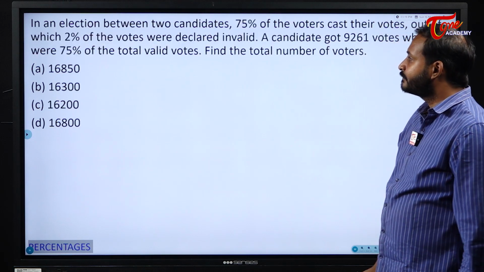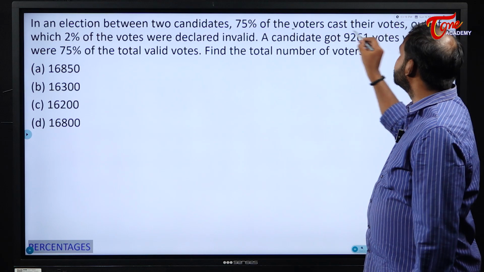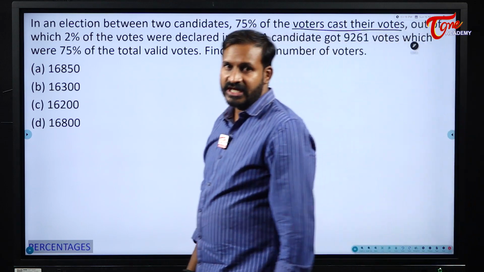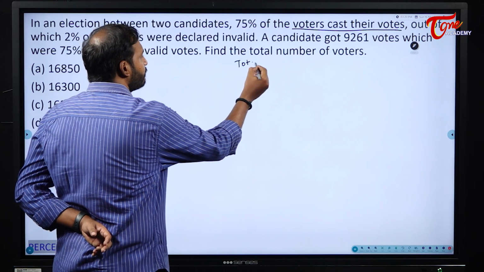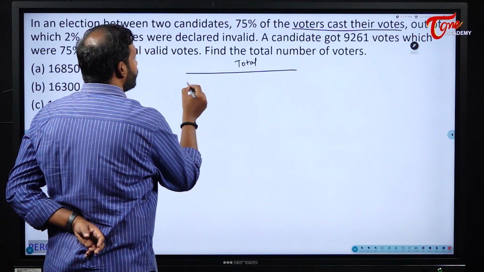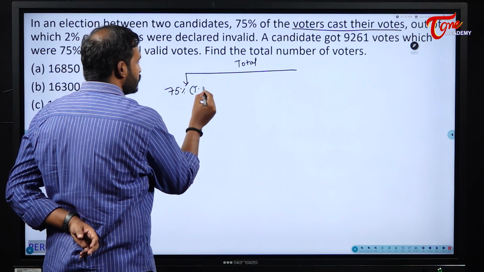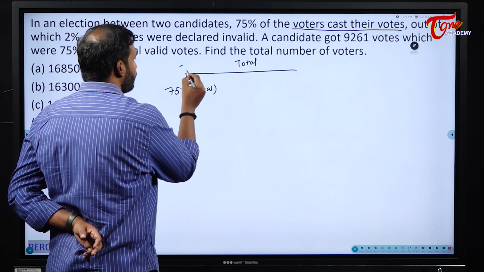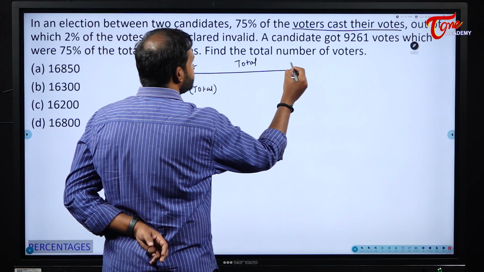Next one. In an election between two candidates, 75% of the voters cast their votes. Now see here the hierarchy, as I already told you. Total. In this, 75% of total cast their votes. That means what happens to the person who didn't cast?